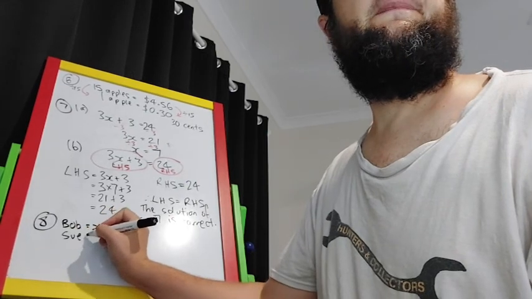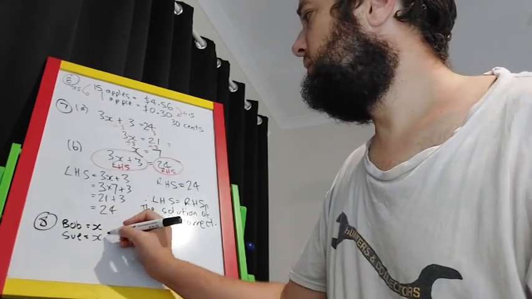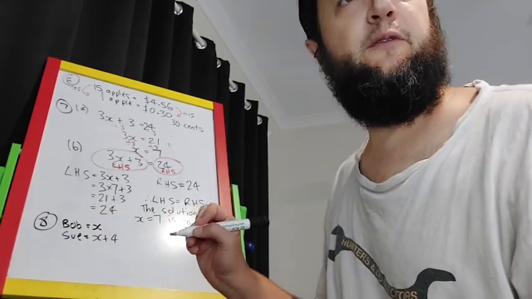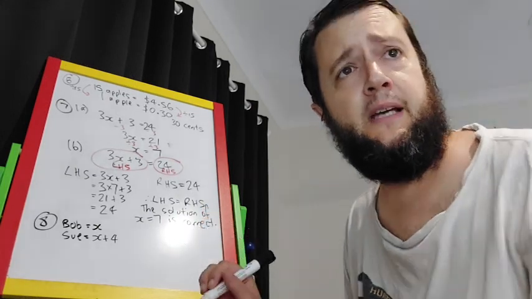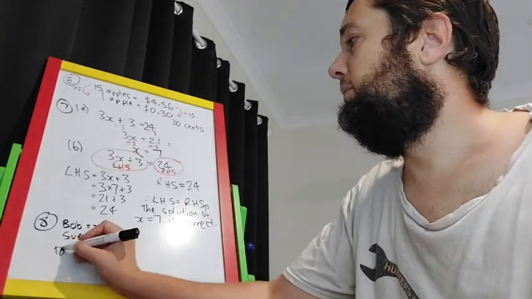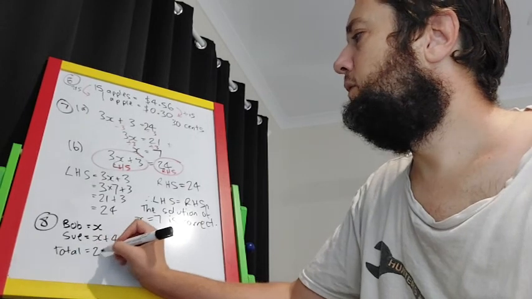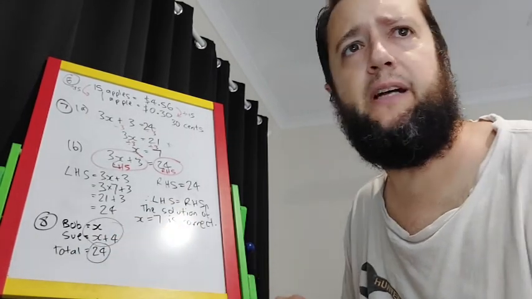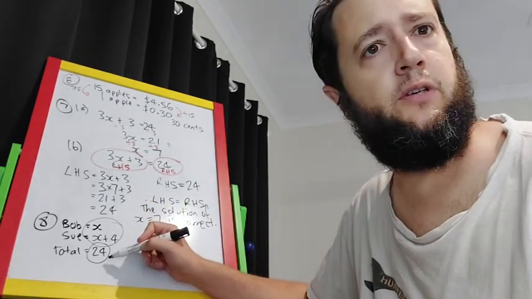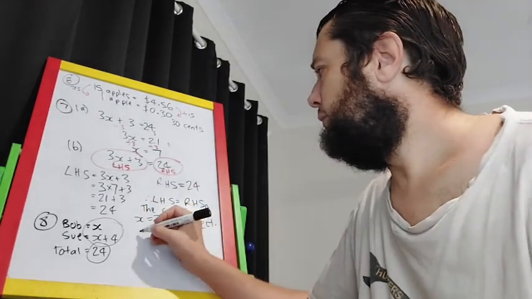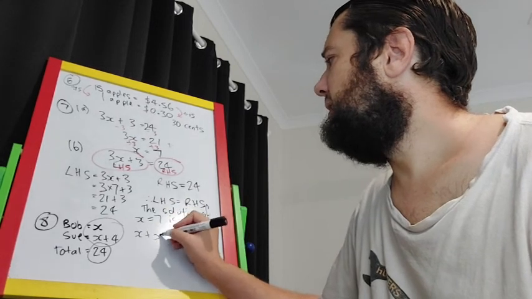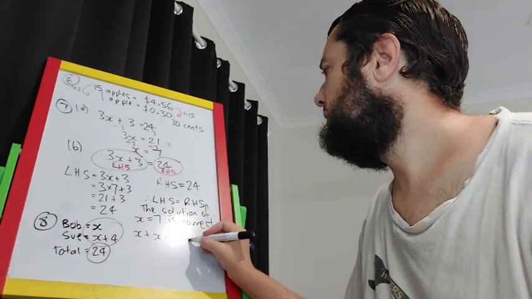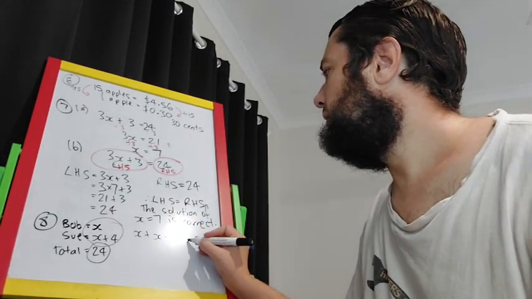Sue is 4 more laps than Bob, so that's X plus 4, add 4 onto Bob's laps, and the total is 28. So that means that that plus that should equal that, right? Bob plus Sue should equal the total. So if I write that out, I get X plus X plus 4 is 28, but we can combine something there.